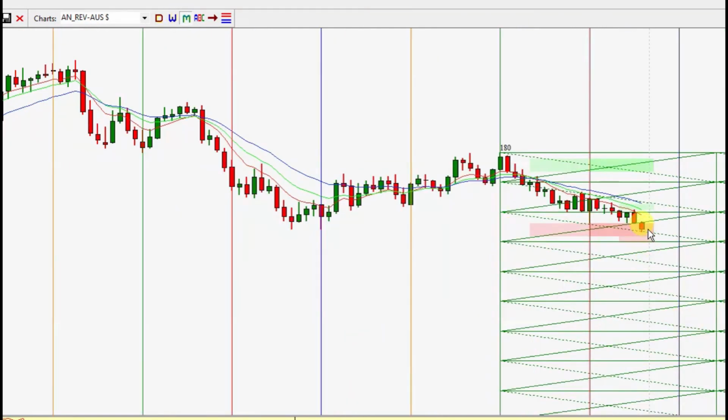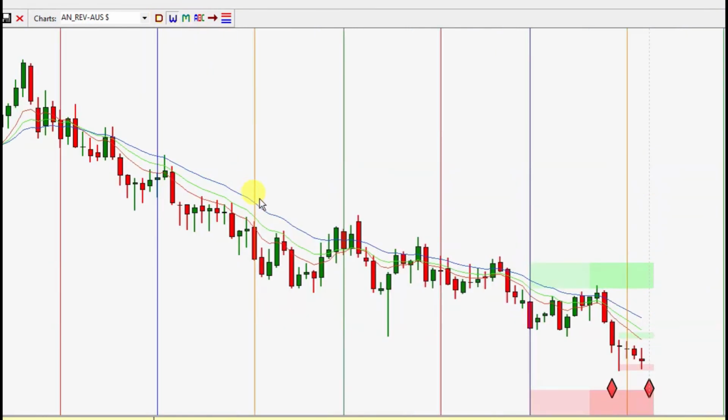And we've already seen the monthly long term oversold zone. So the outlook for the Australian dollar looks very strong to be a more bullish play than bearish for the next few weeks to come. And that is the forecast for the Australian dollar for this video.